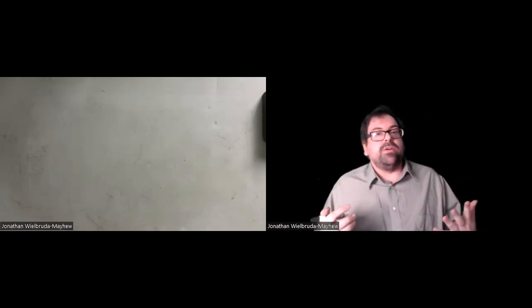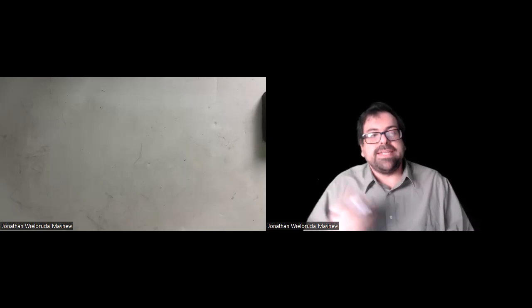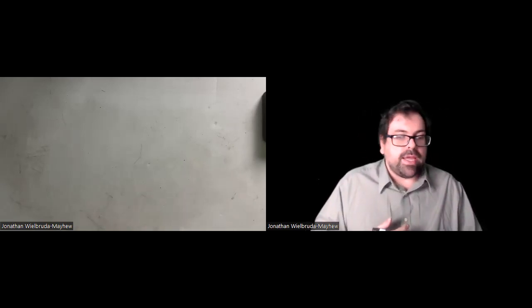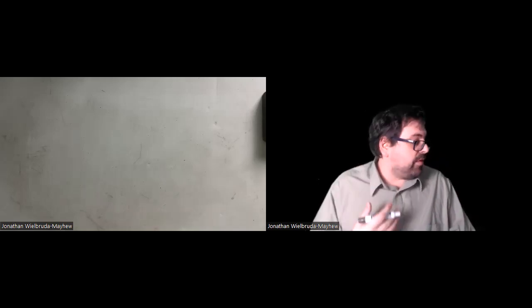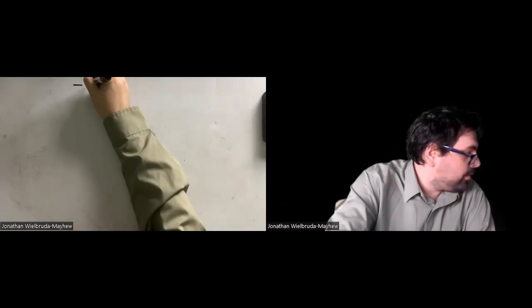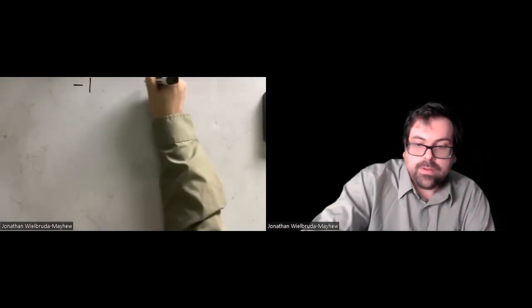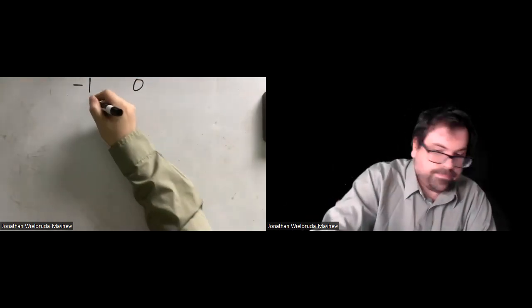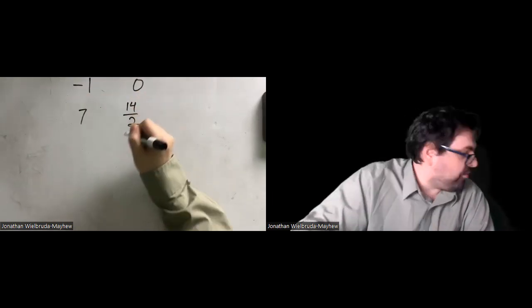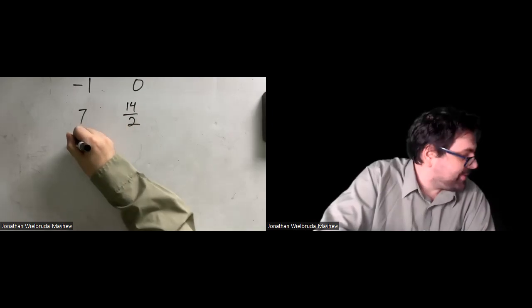Let's expand our use of the less than, the greater than, the equal sign into negative numbers. And fraction looking things.